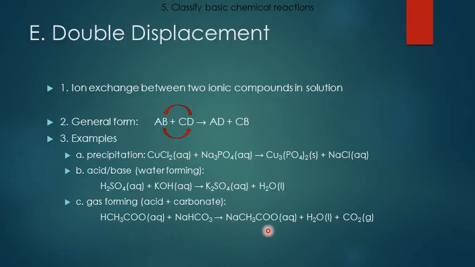And then we actually get two more products. You might be wondering where these come from. Well, this is the hydrogen ion from the acid combining with the bicarbonate ion. And notice if I just add the hydrogen to the bicarbonate ion, that would give us H2CO3.